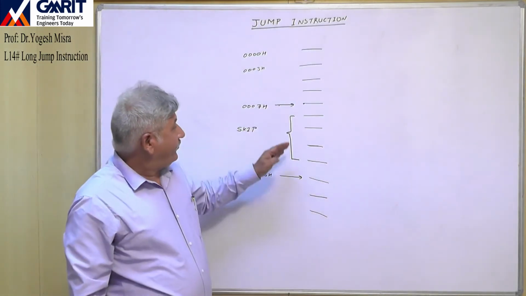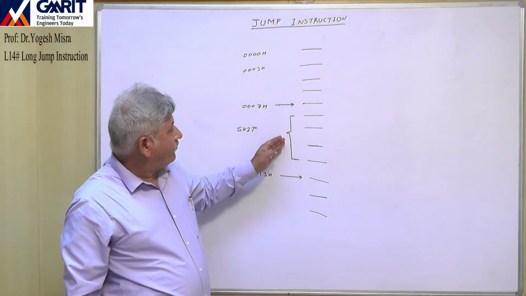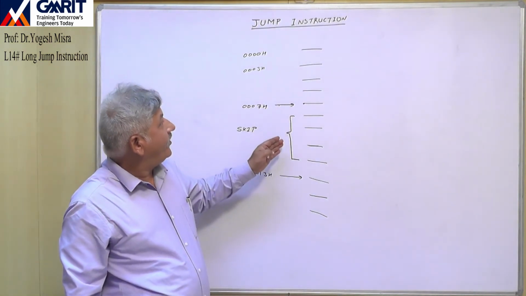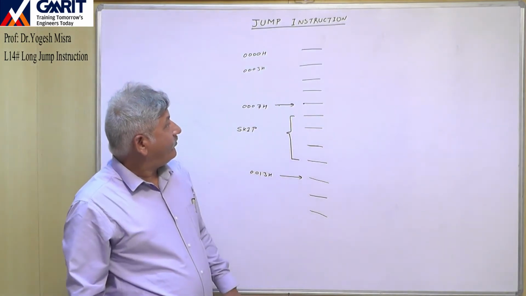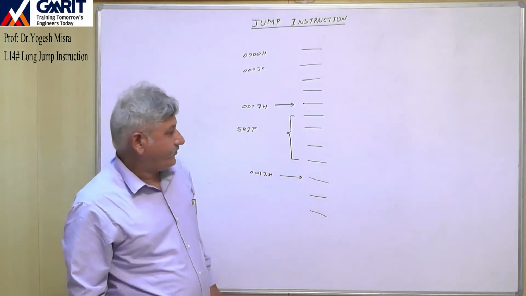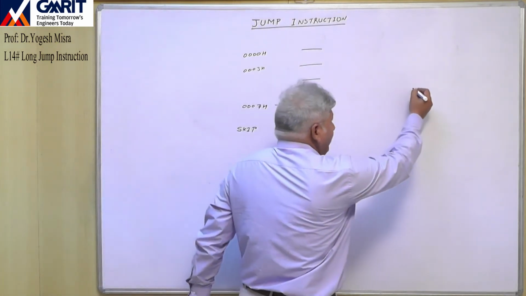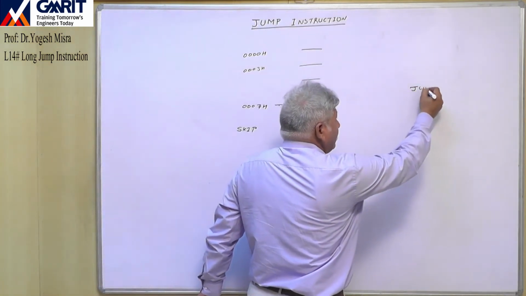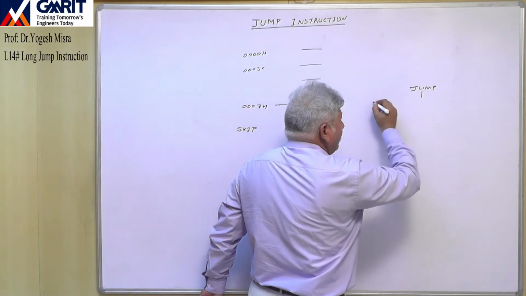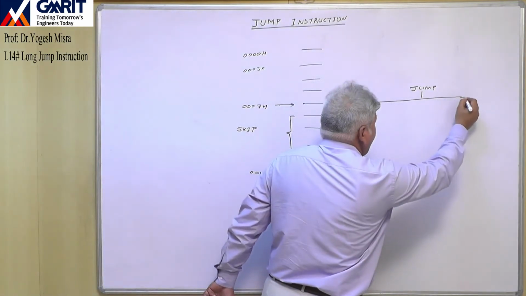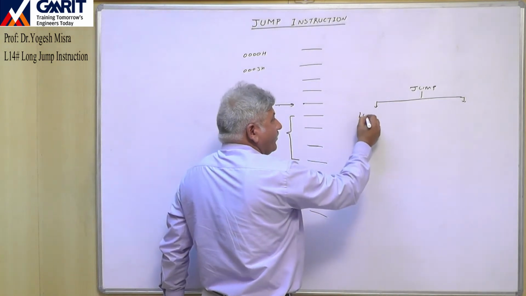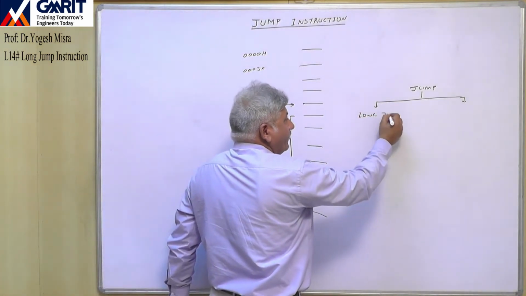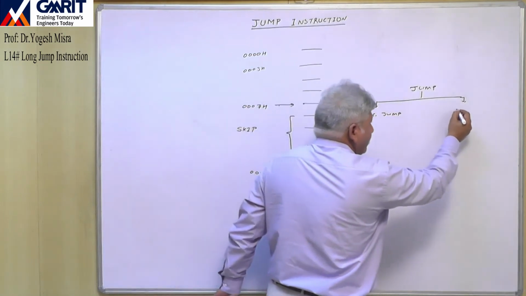So how should we do this? For this we have the jump instruction for our microcontroller and microprocessor. Basically the jump instruction is divided into two types: one is long jump, another is short jump.